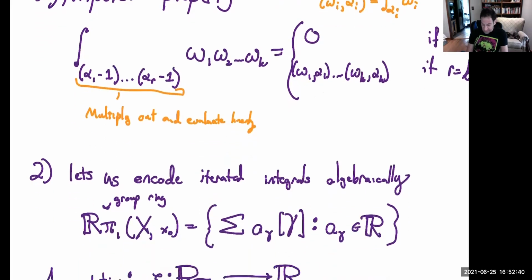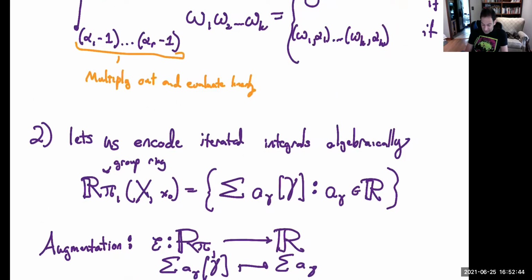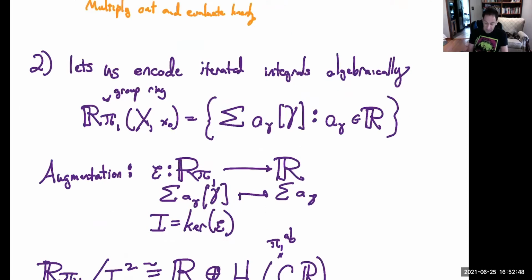All right, and fact 2 lets us encode iterated integrals algebraically. So I talked about chasing through the lower central series. There's a systematic way of doing that using the group ring. So I form the group ring, and I'm going to do the real group ring. These are just formal real combinations of elements of the loops in the fundamental group.